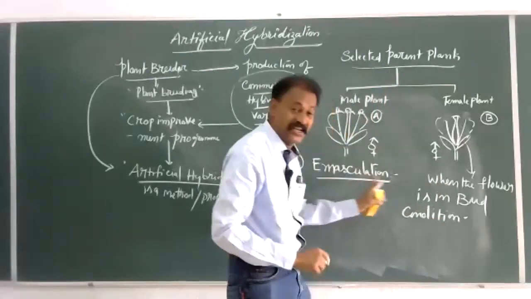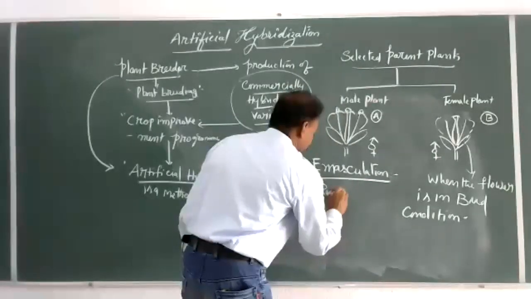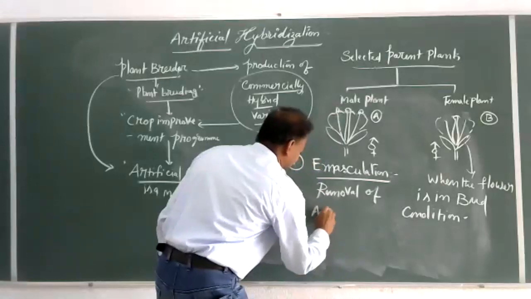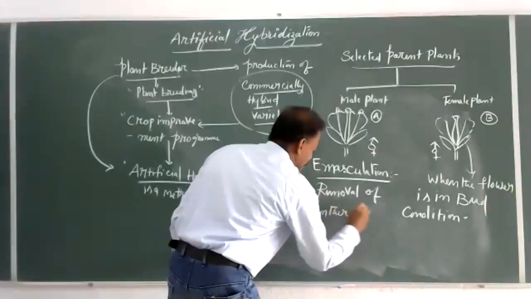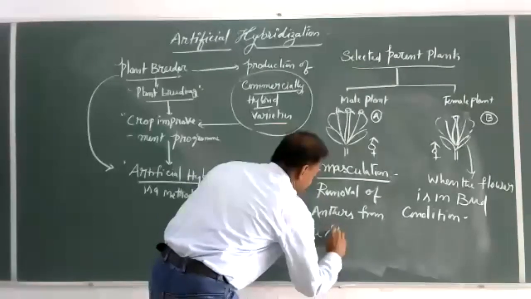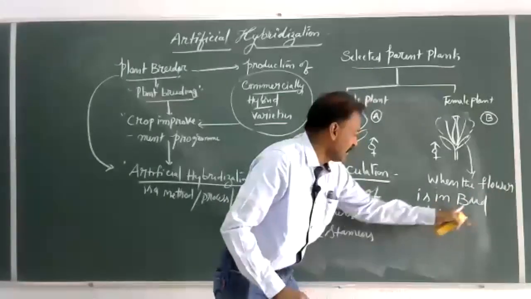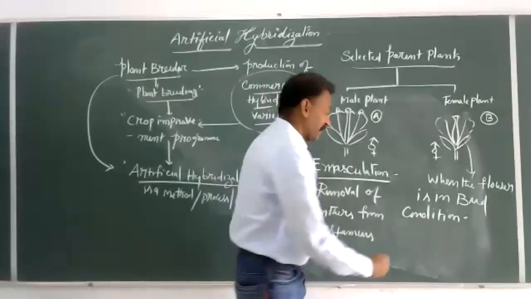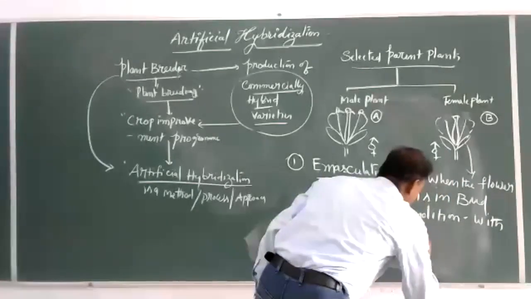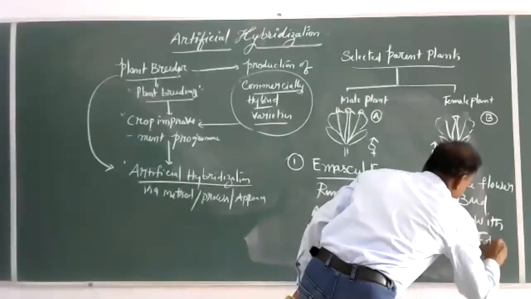So emasculation is the process of removal of anthers from the stamens when the flower is in bud condition with the help of forceps.